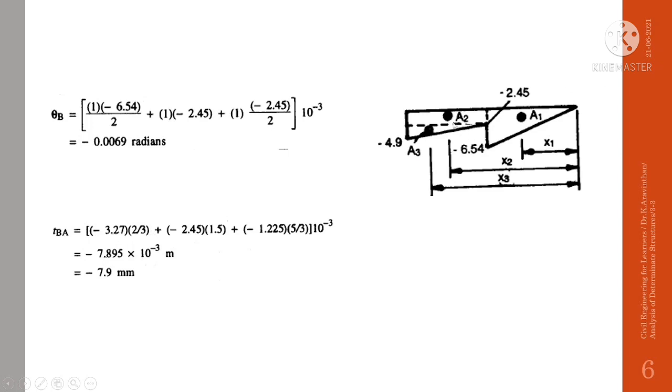The second area is 2.54 into the centroidal distance up to the point B, so this is 1 plus 0.5, that is 1.5. For the third area, you will be having 2/3 of base plus 1 as the distance, so your area is 1.225 into 2/3 of base plus 1. If you simplify, you will be getting minus 7.895 into 10 power minus 3 in terms of meter. The total deflection is 7.9 mm.